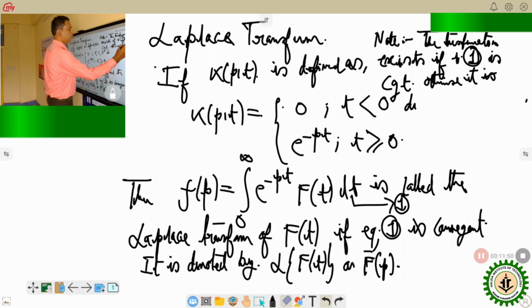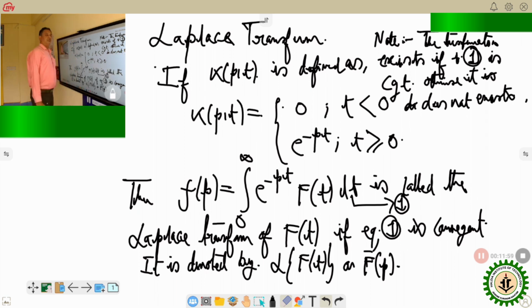Otherwise it does not exist. This is all about the definition of Laplace transform and its existence.